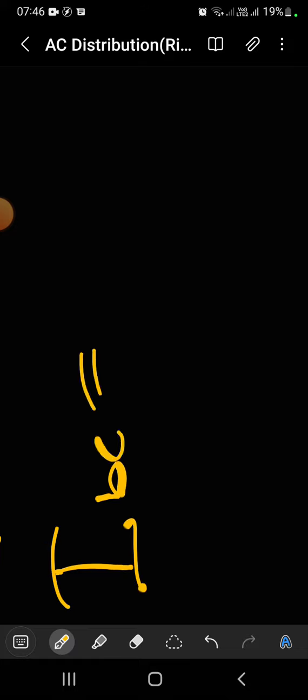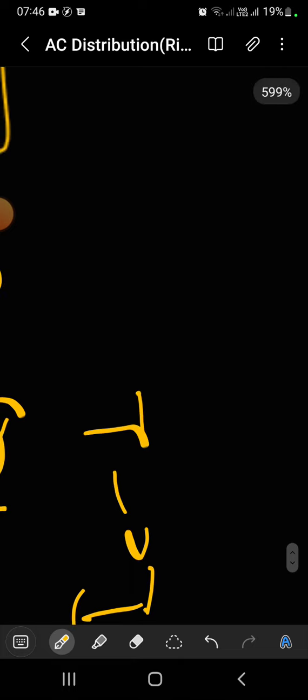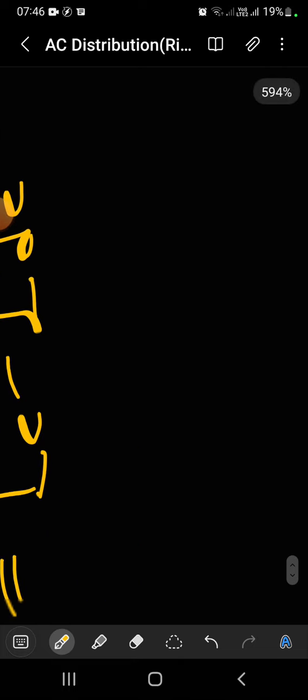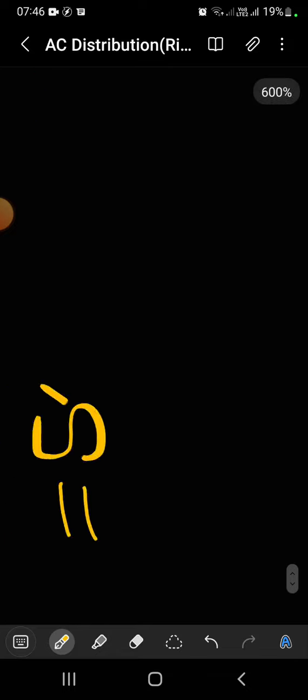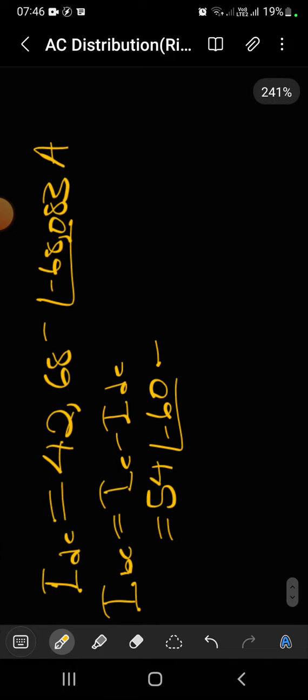IBC is equal to IC minus IDC, and we have our IC as 54 at an angle of negative 60. I'm sorry, I said the wrong thing, but then I wrote the right thing. Minus that current that we just got there.